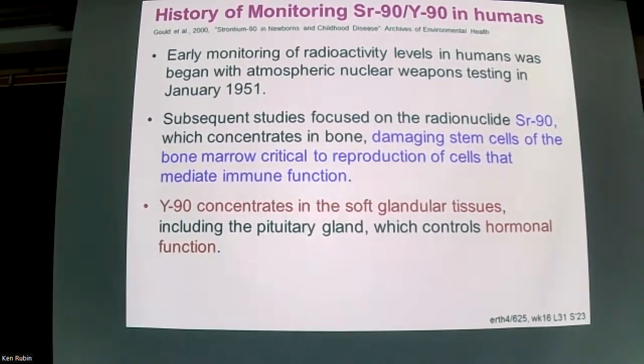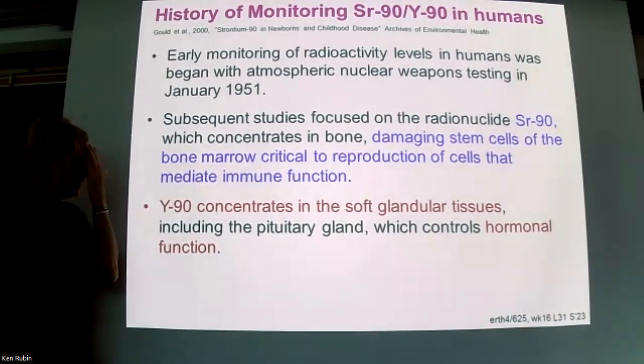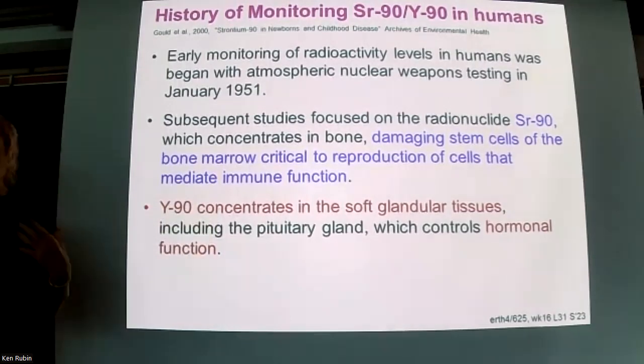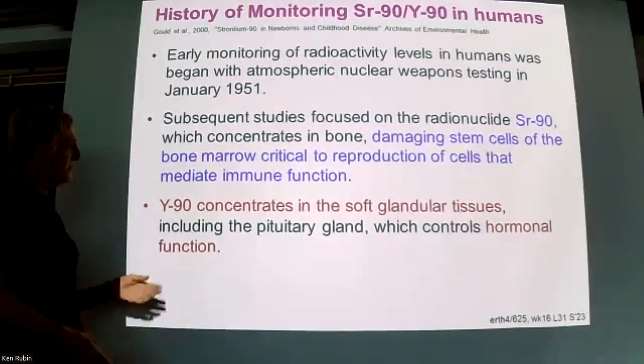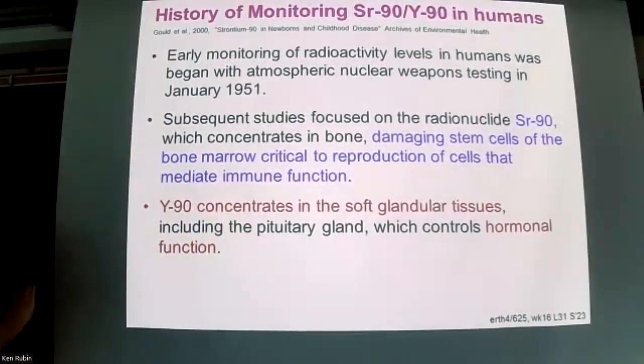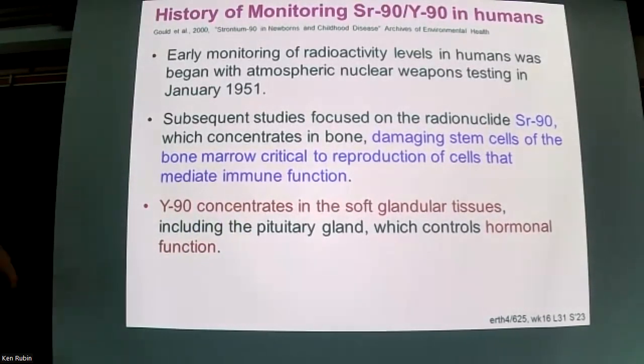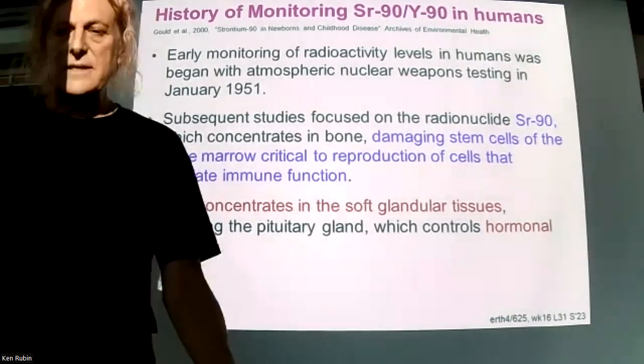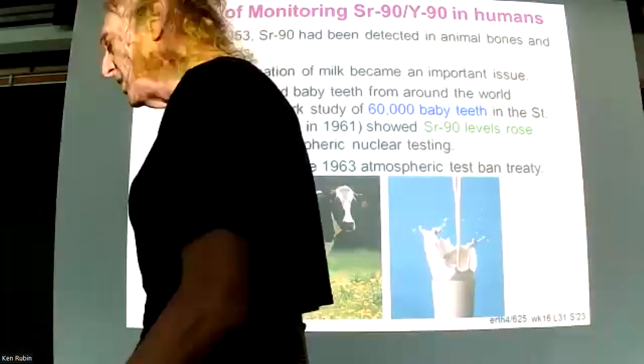And in some ways, it's similar to the element lanthanum that sits below it. And this accumulates in glandular tissues, the pituitary gland, which obviously controls hormonal functions. And so it's sort of a double whammy when you get this material into the human body. It can really have long-lasting and pervasive impacts.